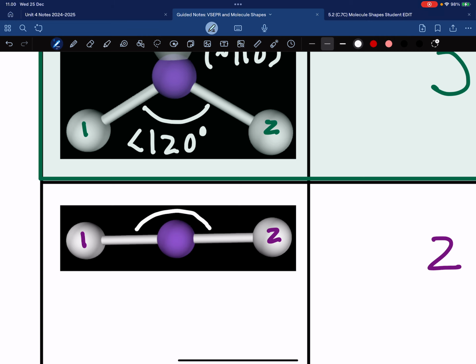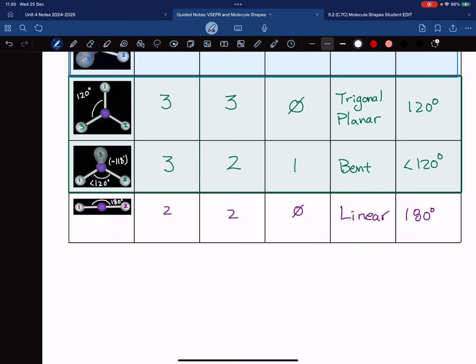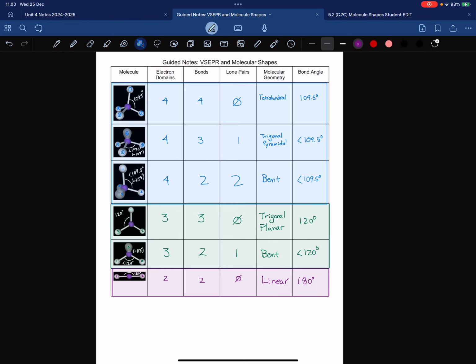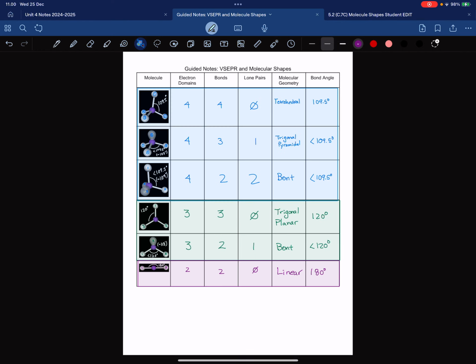So bond angle 180 degrees because of course that is a line. And that's my final one. So I'm going to pull it together with that color. And there you are, your overview of valence shell electron pair repulsion theory and molecular shapes.